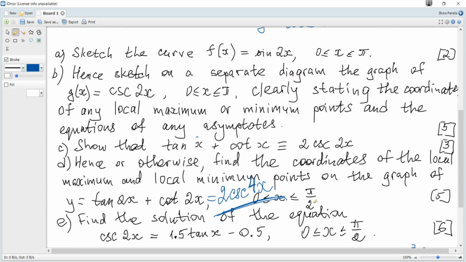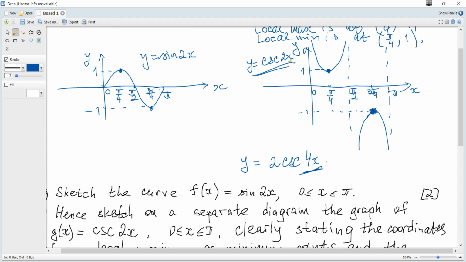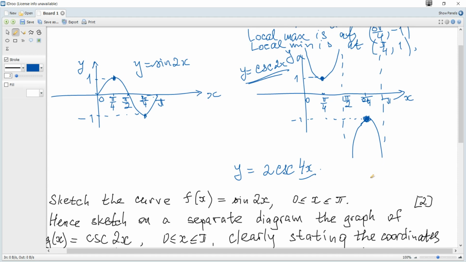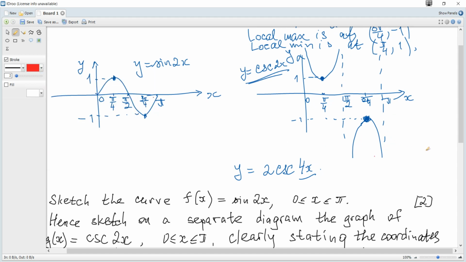Notice that x becomes from 0 to pi over 2, and 4x with respect to 2x, it's horizontal contraction by factor of 2, and every point will be 2 times closer to the y-axis.